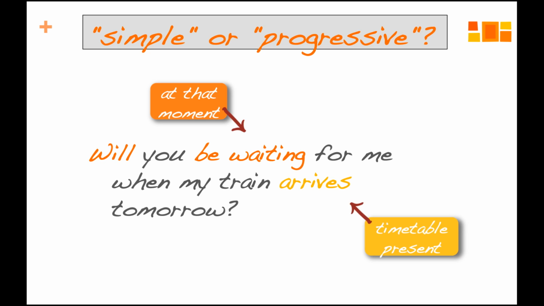And that simple present, the arrives, although we're talking about the future, is the so-called timetable present, and we often use the simple present in connection with the arrival or the departure of trains, buses, planes, and so on, and then it's called timetable present. Will you be waiting for me when my train arrives tomorrow?